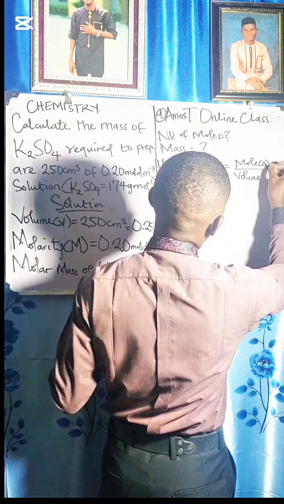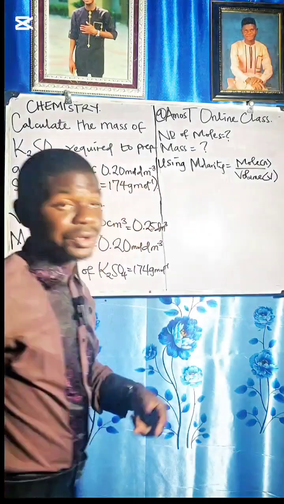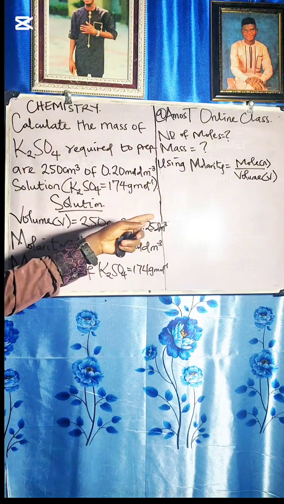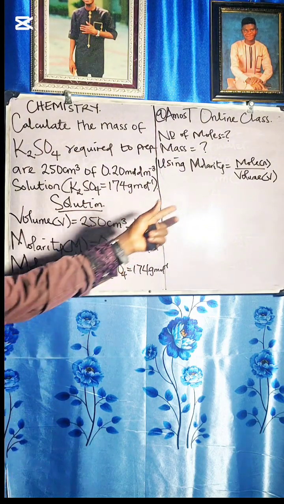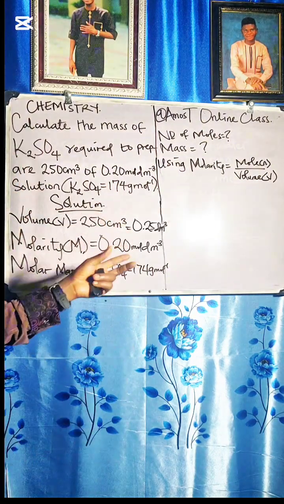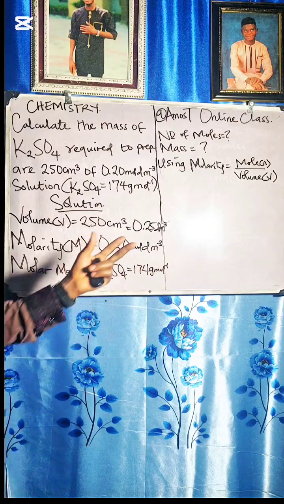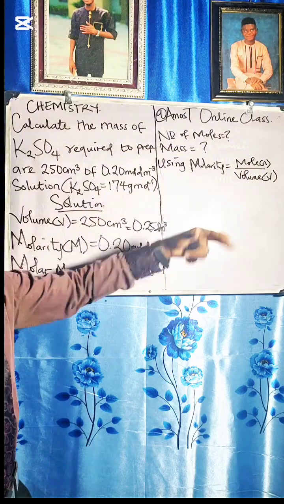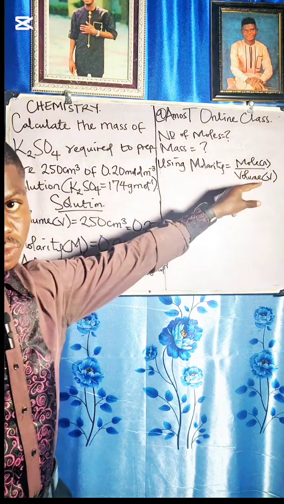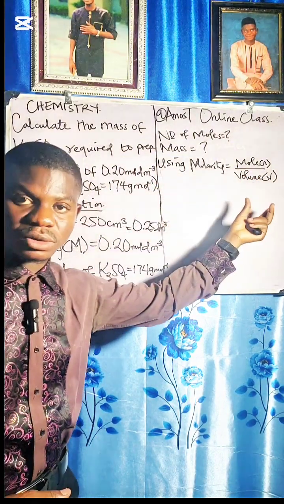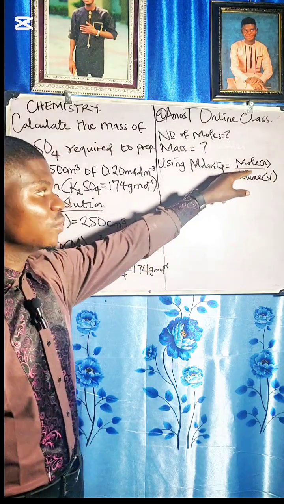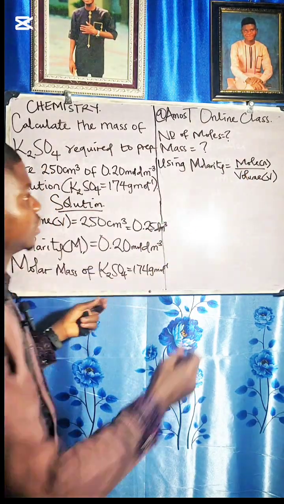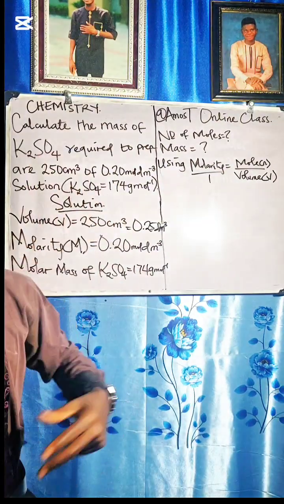Already we have the molarity, 0.20 mole per cubic dm, and the volume, 0.25 cubic dm. What we are looking for is the number of moles of potassium sulfate. How do we find it? It's going to be very simple. We're going to cross multiply this equation.